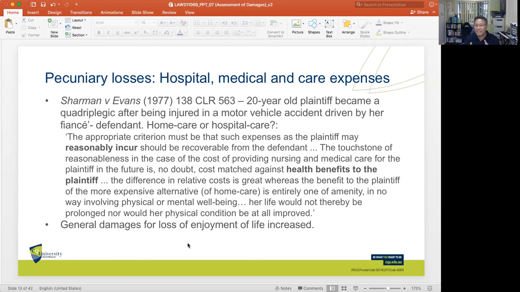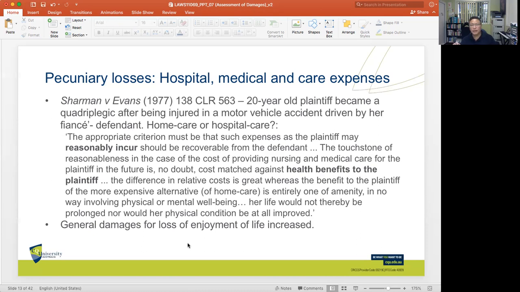So in that case, there is a loss of enjoyment of life. And so what the court did was balance it a bit by awarding a higher amount of general damages.